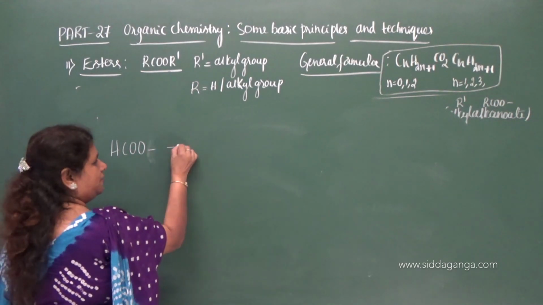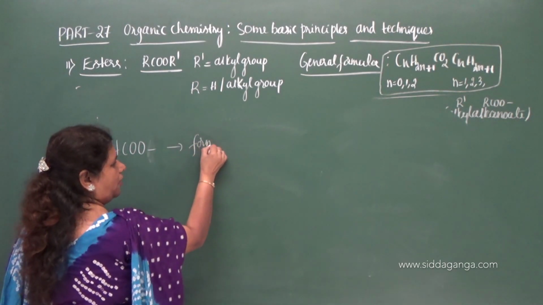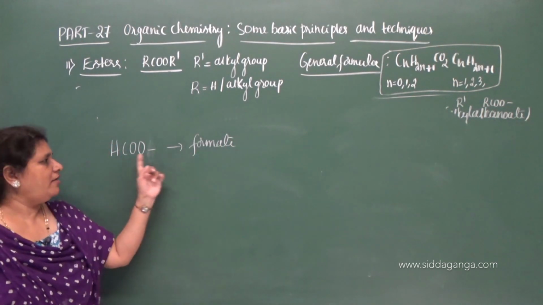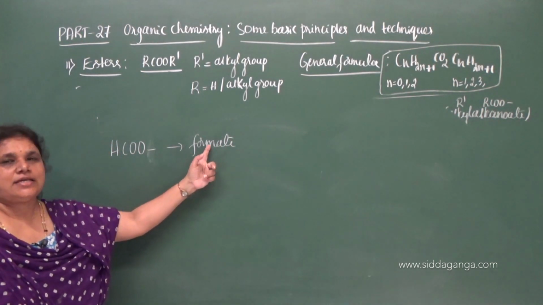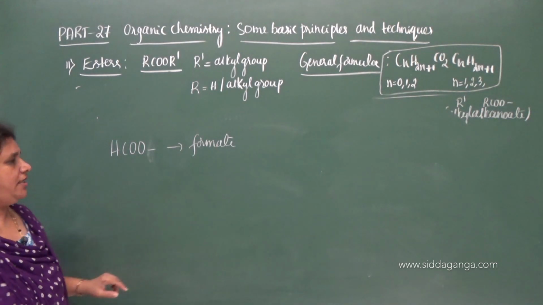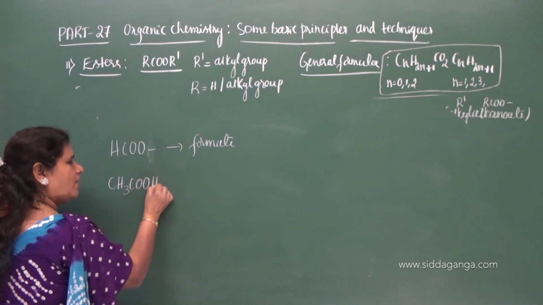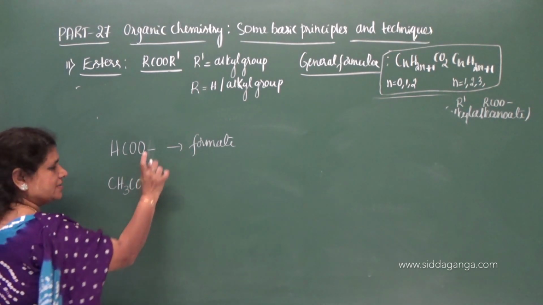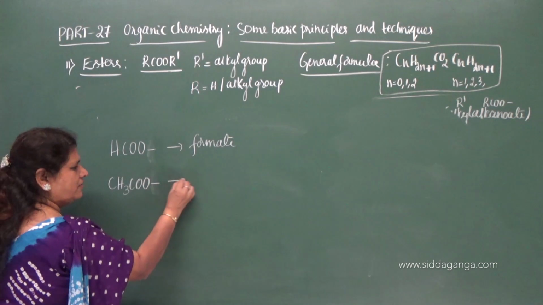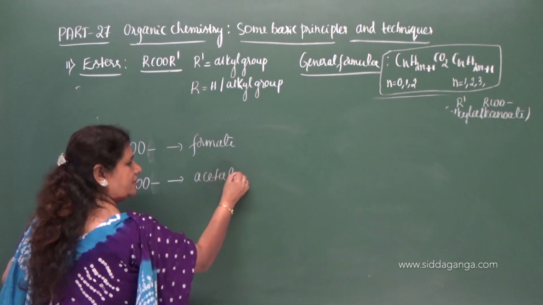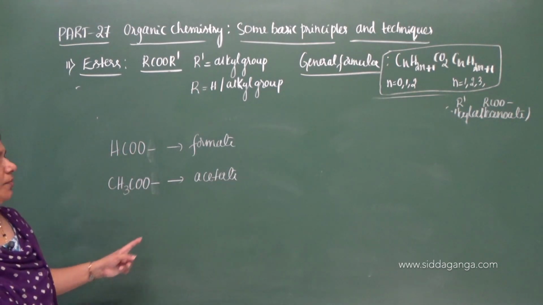Then what is the name of this group? Formate. Write it on one side. This is formate. Formic acid, "ic acid" is replaced by "ate". Similarly, what is this compound? Acetic acid. You remove hydrogen, what does it become? Acetate.